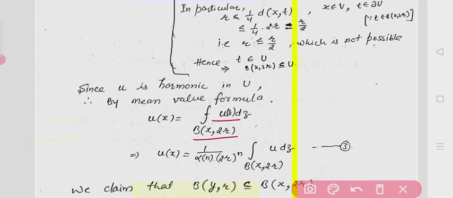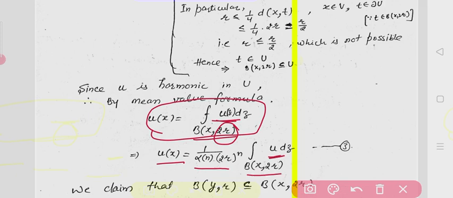So we are considering this result, u(x) is equal to the average of u over the ball B(x,2r). Now we open from average to the simple integral. So u(x) will be equal to 1 by alpha n into radius power n, so radius is 2r, into (2r) power n into integral of u over B(x,2r), right?